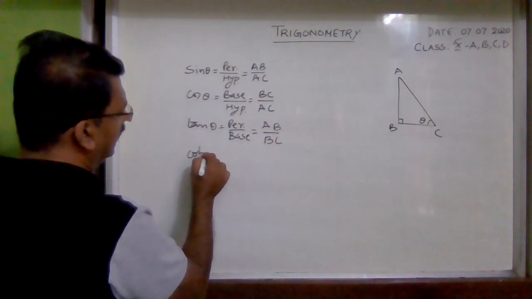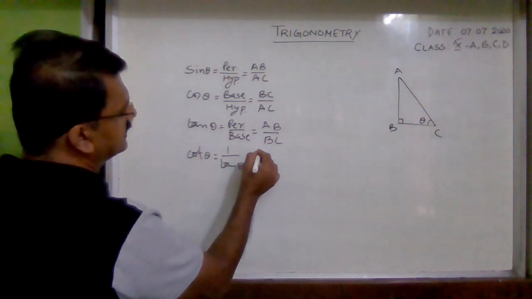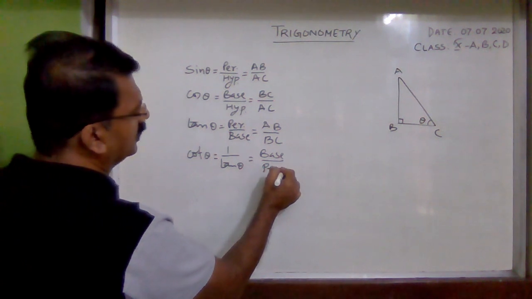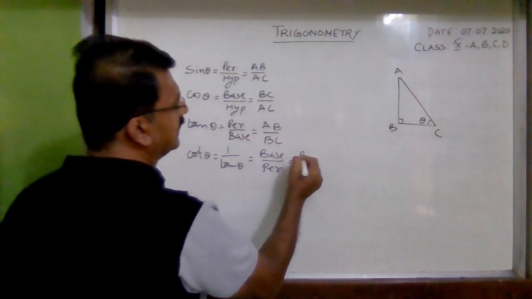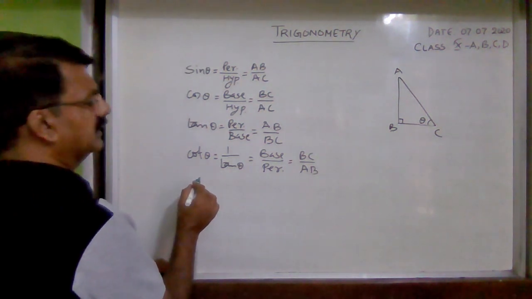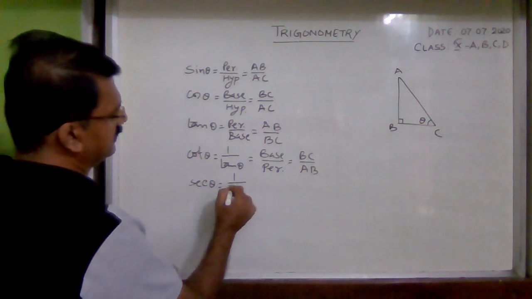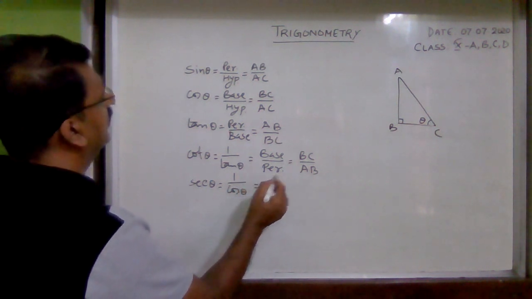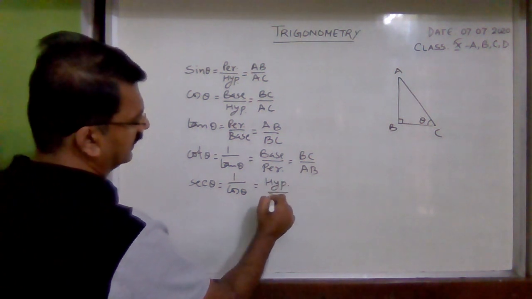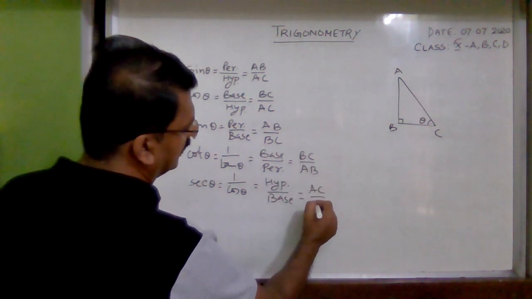Cot theta, which is the reciprocal of tan theta, is base upon perpendicular, so it is equal to BC upon AB. And sec theta, which is the reciprocal of cos theta, is hypotenuse upon base, that means AC upon BC.